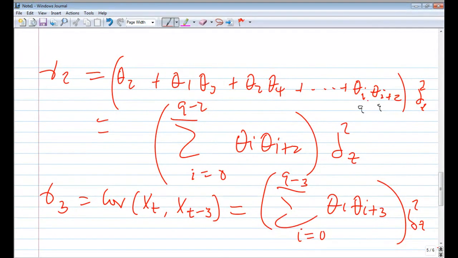Yes, instead of i put Q, because the last one is Q. It's not theta Q plus 2, it's theta Q minus 2 theta Q.